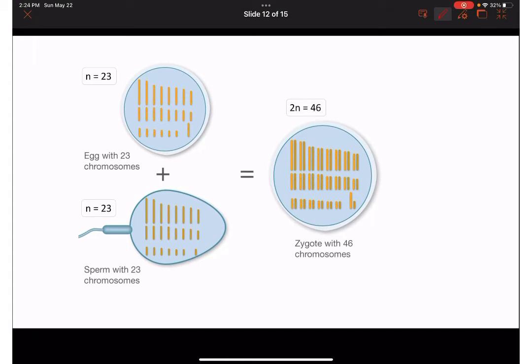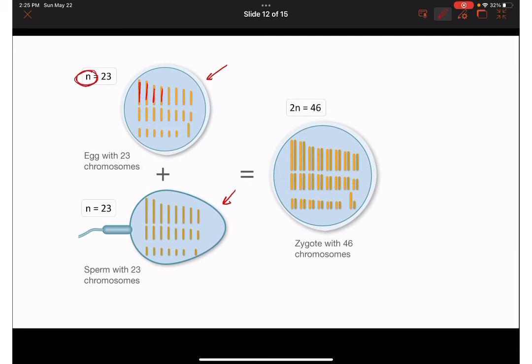And this is a good representation of that. So there's an egg, there's a sperm, and each one of these sex cells has 23 chromosomes within it. But there's 23 sets of chromosomes, and within each set is only one chromosome, and that makes it haploid.